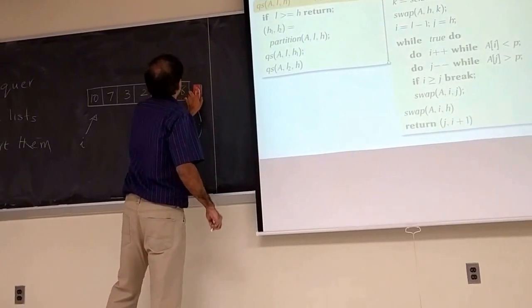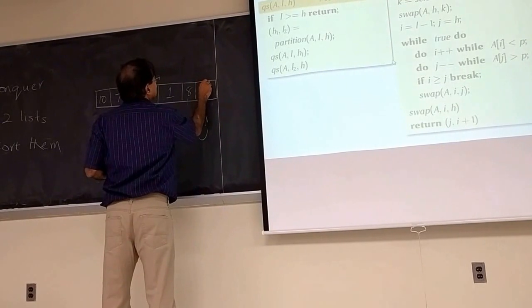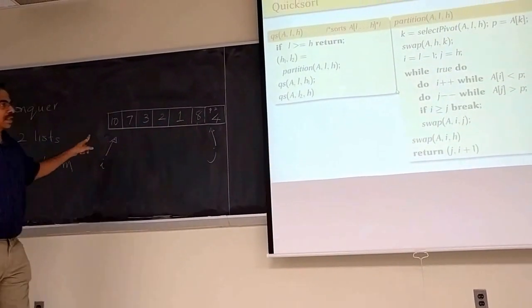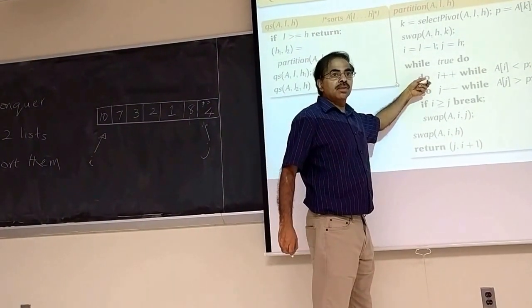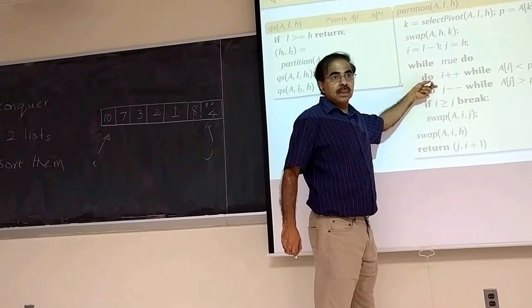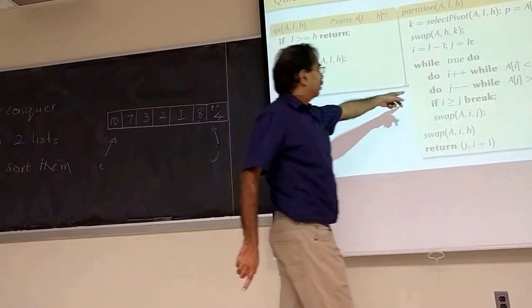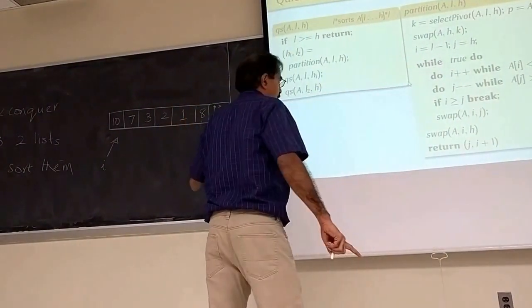Let me describe this more clearly. Is it less? No. So you're going to get off this loop. And remember that I has already been advanced, because the first thing you do in the loop is you advance I. So I is positioned there.